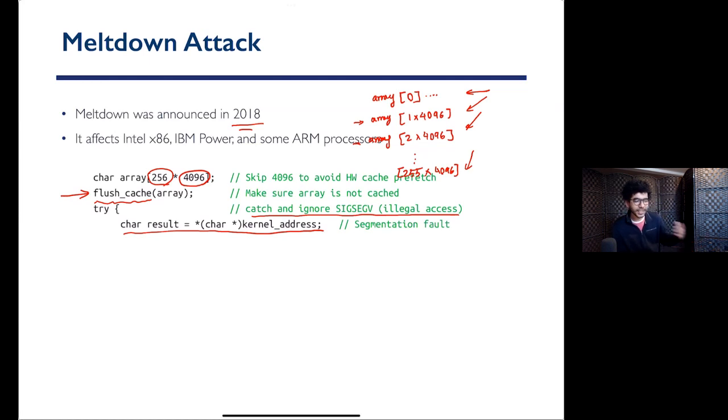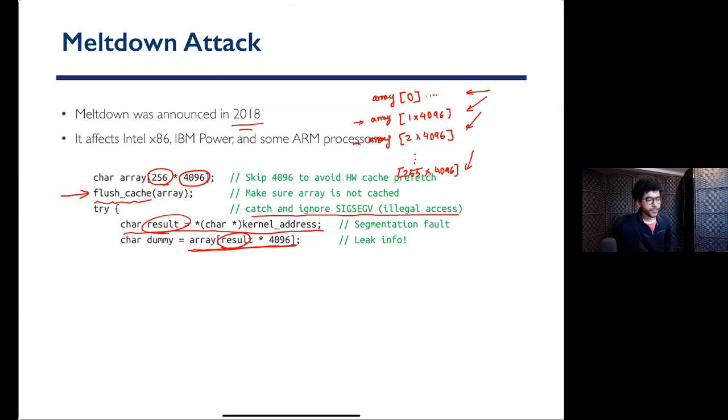When this instruction is executed, it's going to give me a segmentation fault because I didn't have access to this, right? Now, the next instruction is to go to this array, whatever this result is, and read this particular block in my cache. So whatever the result is, read it.